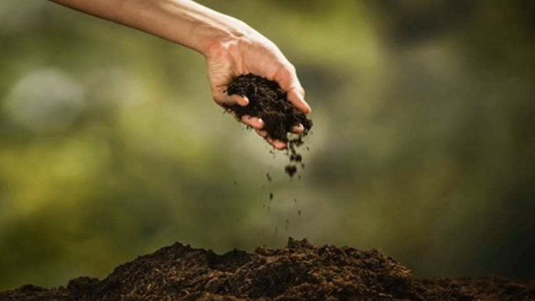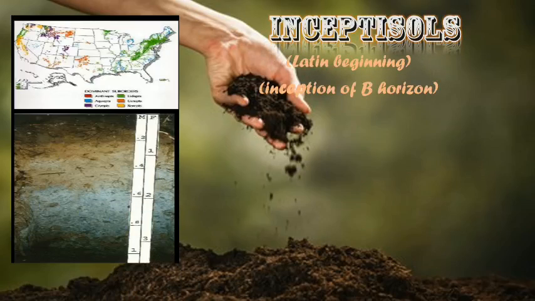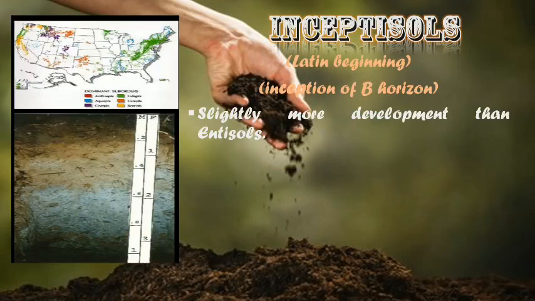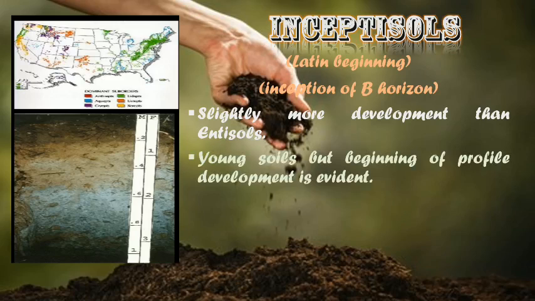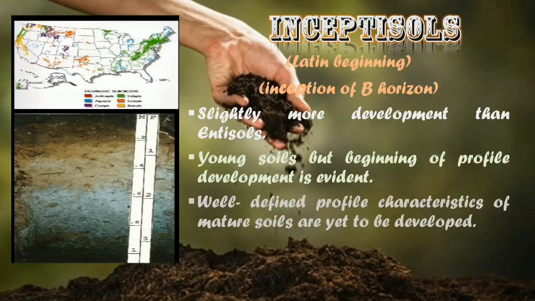Next, we have the inceptisols. Inceptisols have slightly more development than entisols. Young soils, but the beginning of profile development is evident. Well-defined profile characteristics of mature soils are yet to be developed, and they may have a cambic horizon.